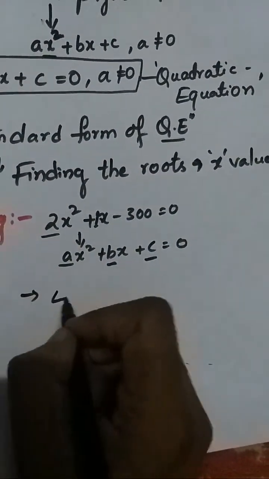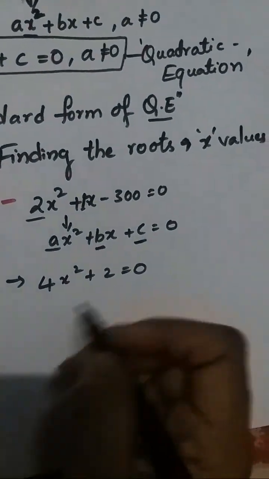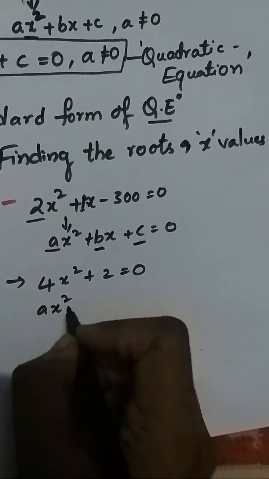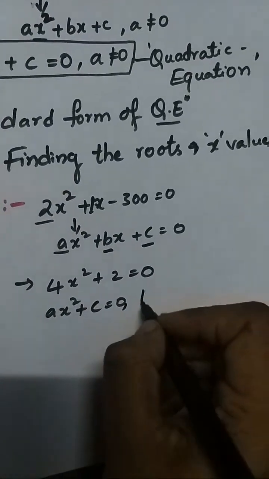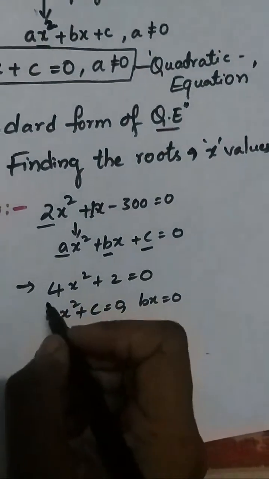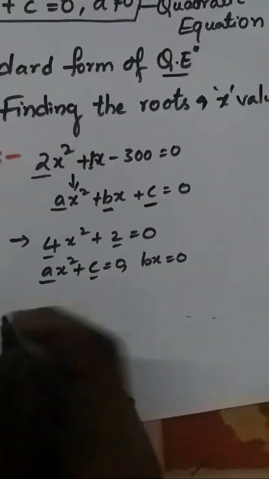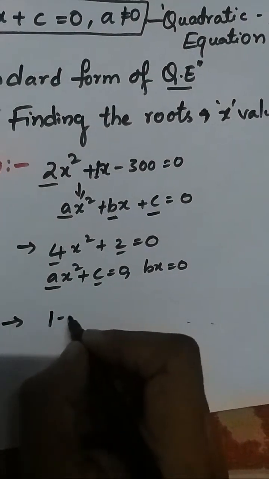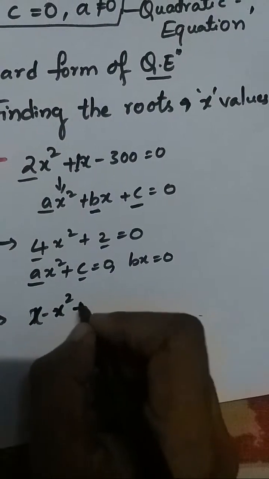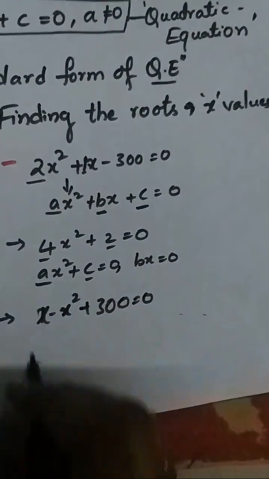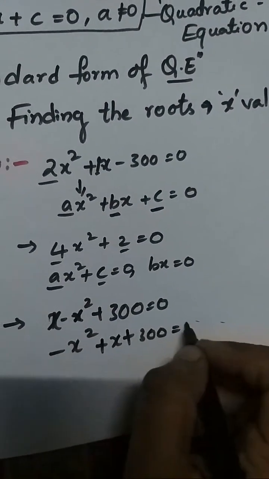So this is in the form of a quadratic equation. Another example is 4x square plus 2 is equal to 0. This is also a quadratic equation, that is x square, and bx is not there because b means 0 here. a means 4 here, c means the constant 2 here. Another example is 1 minus x minus x square plus 300 is equal to 0. Then minus x square plus x, we have to make it into standard form.